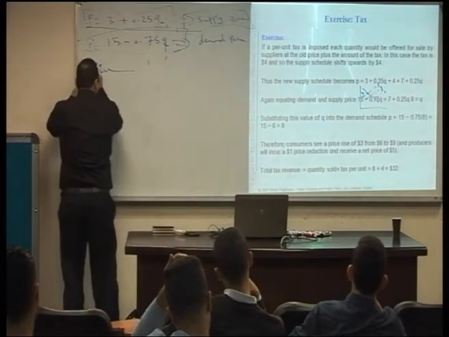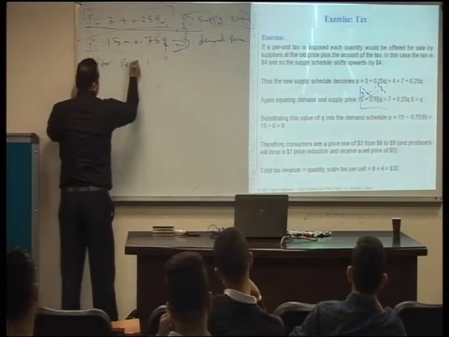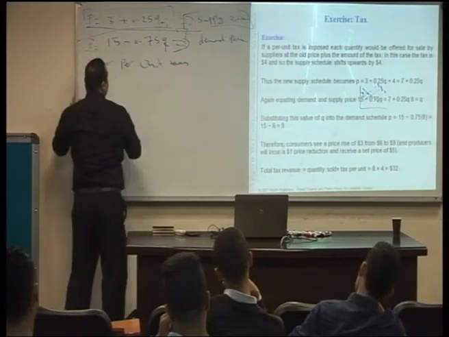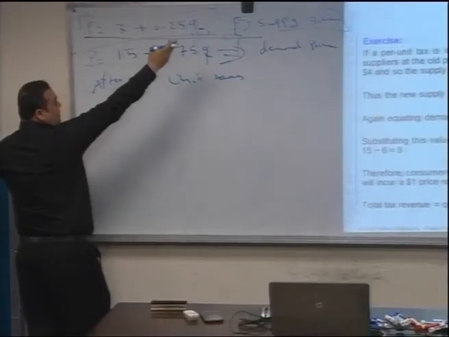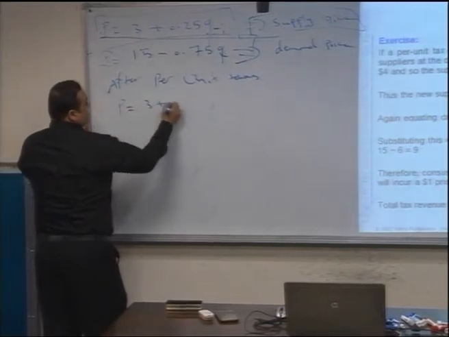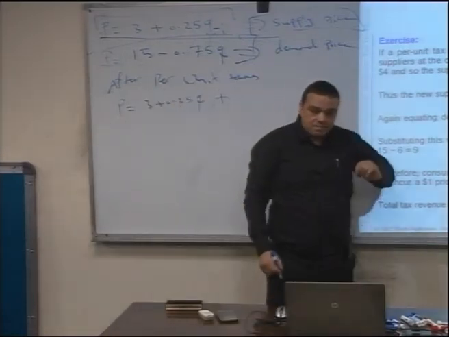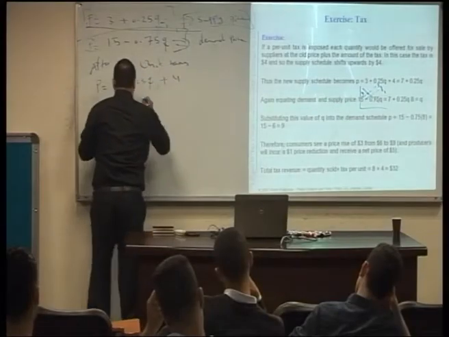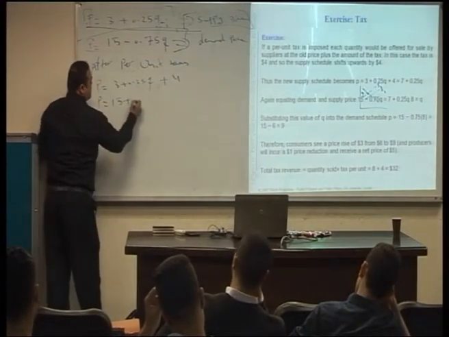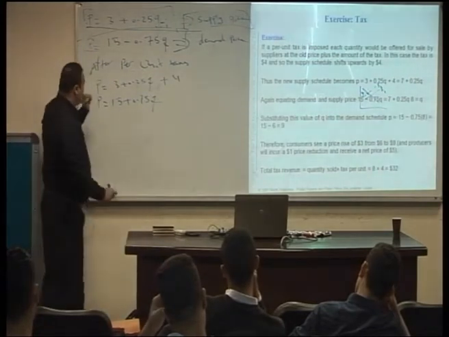After the per unit tax, the new supply price function is P equals 3 plus 0.25 Q plus the per unit tax of 4, and the demand price remains constant: P equals 15 minus 0.75 Q.